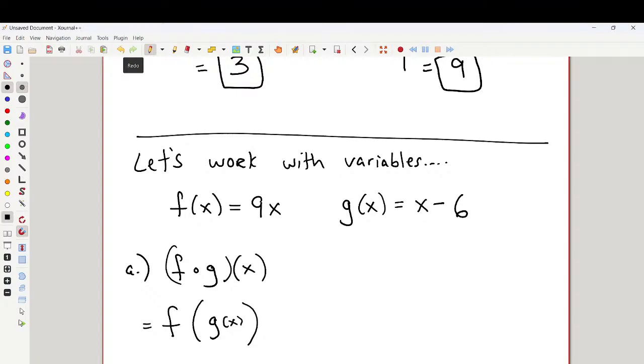So all you have to do is replace g of x with its expression. So I'll put that in words. G of x is x minus 6. So we're not putting a number here. Up till now, we've been putting a number here. We're putting an expression there. F of x minus 6.